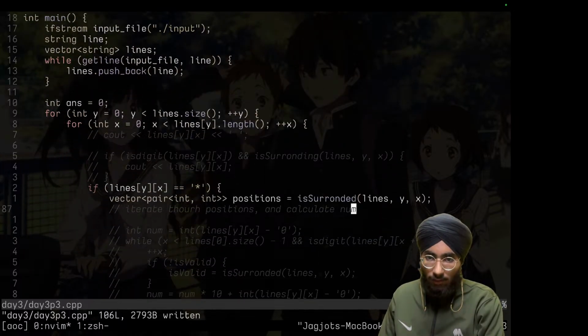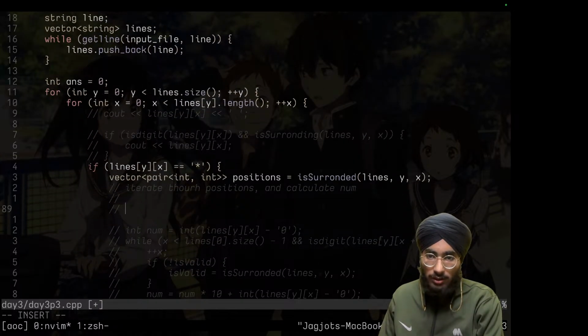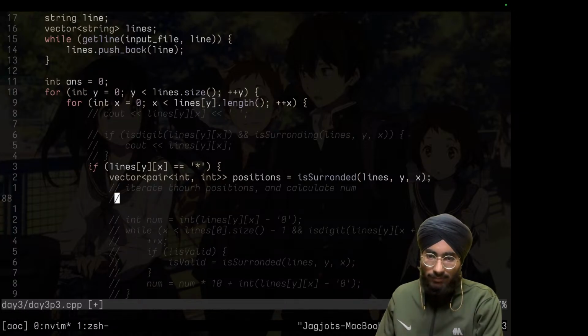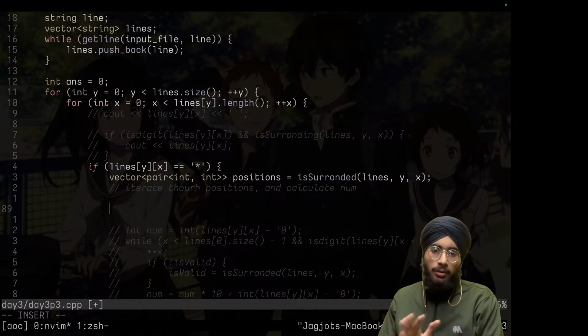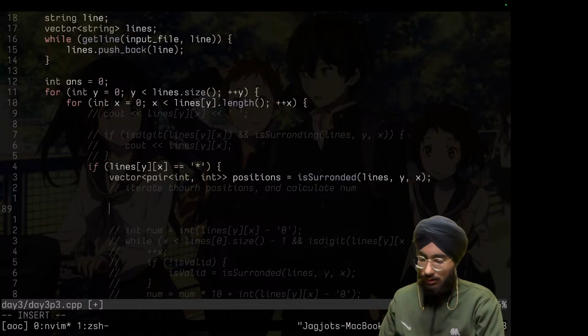And now we have positions. I iterate through positions. Okay.